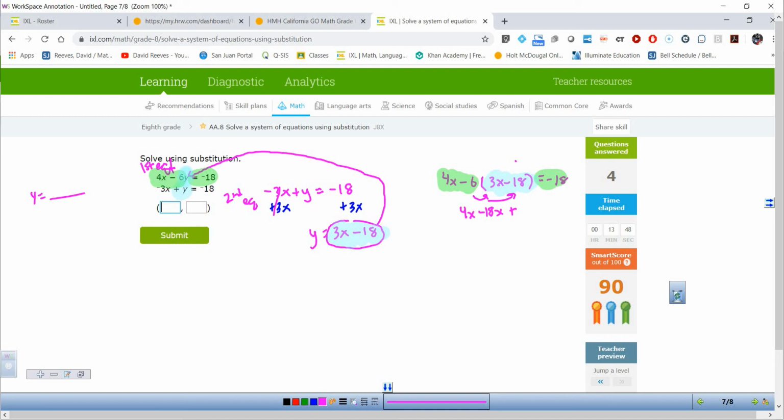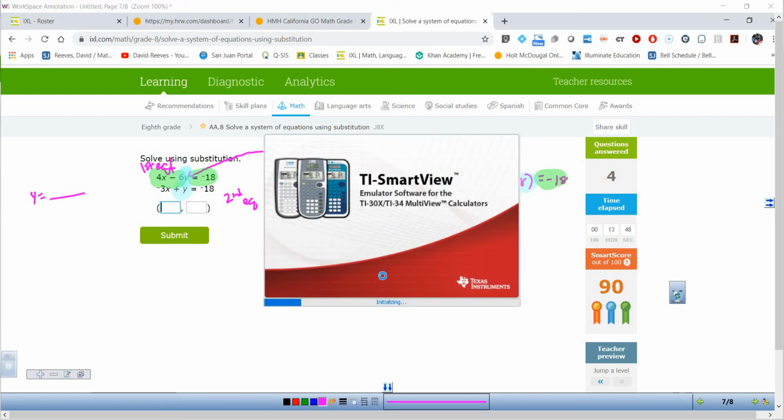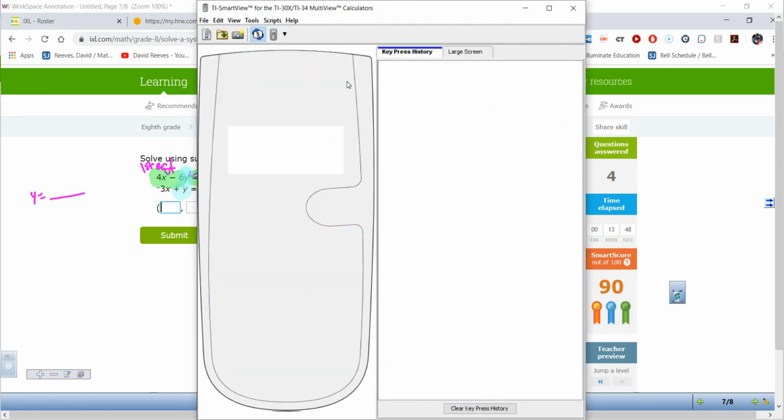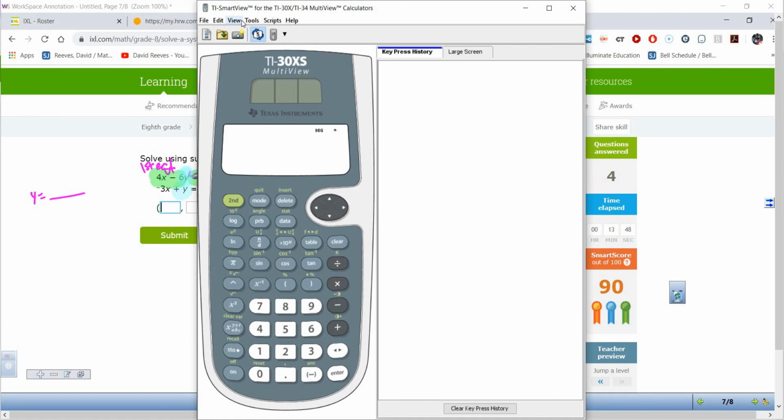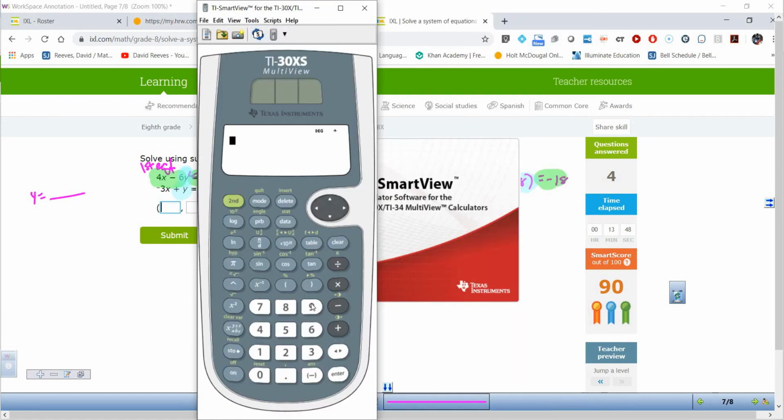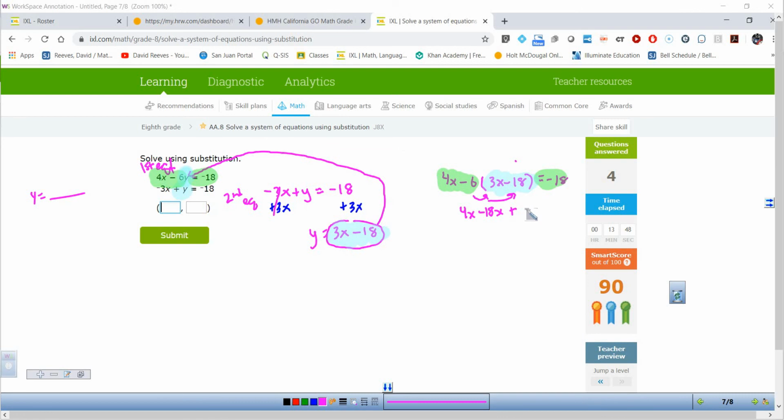Well, if you don't know what 6 times 18 is, maybe you're going to reach for your calculator, which I should have had open, but I didn't, so I apologize for this slight delay. 6 times 18 is 108. Just wanted to let you know it is okay to grab the calculator sometimes. Don't do it for the easier problems, but be smart about it.